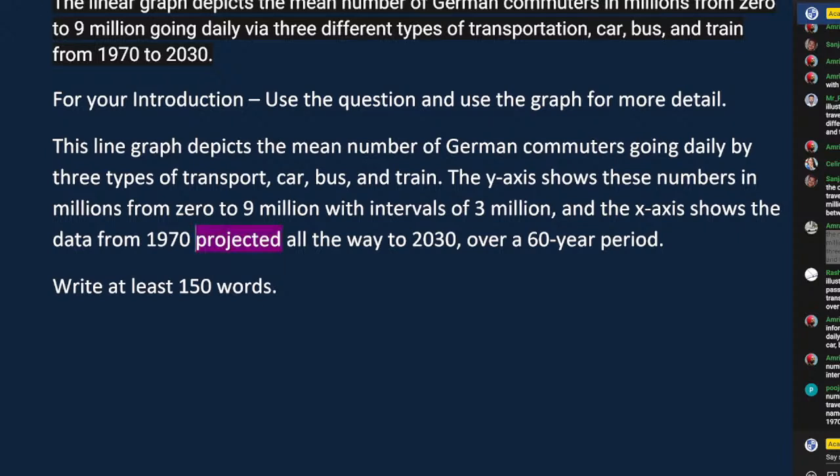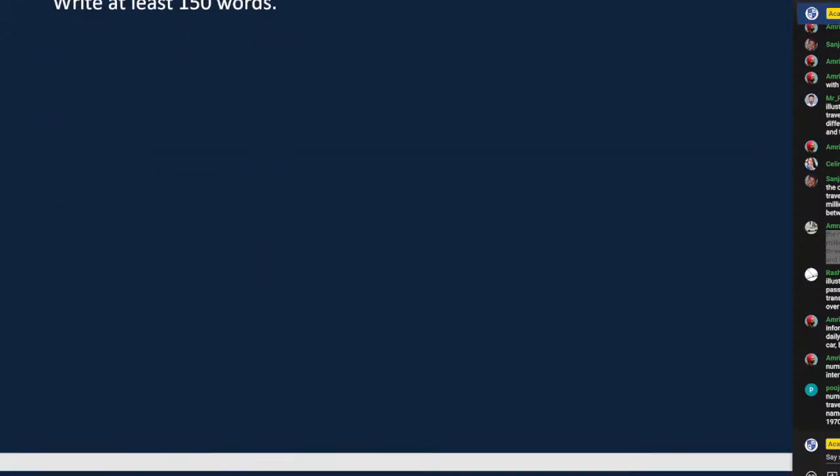So right away I'm showing the examiner that I realize that this line graph is showing the future or predicting the future, not just our current time. Okay. Also this word intervals of 3 million, it's a nice piece of information because it lets the reader kind of visualize the graph a bit clearer. Okay. So those are good points to pay attention to.